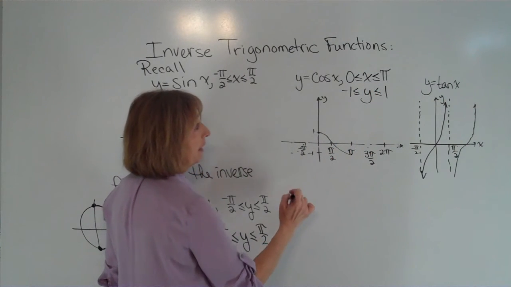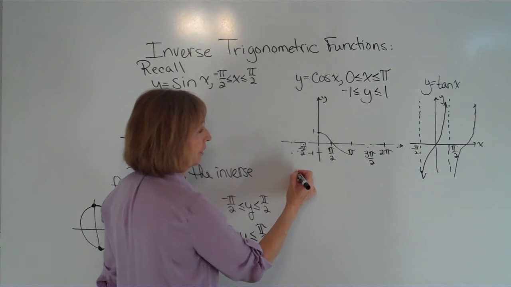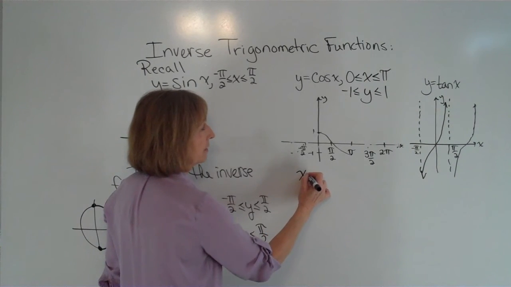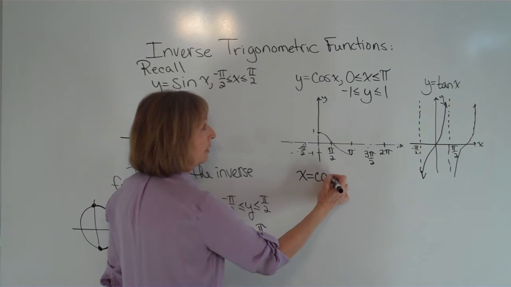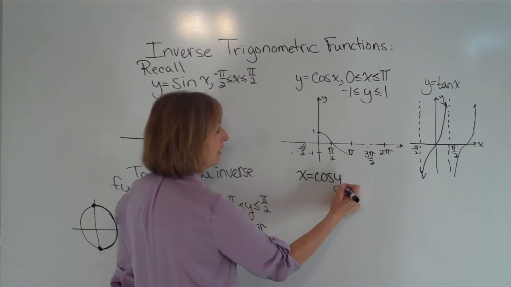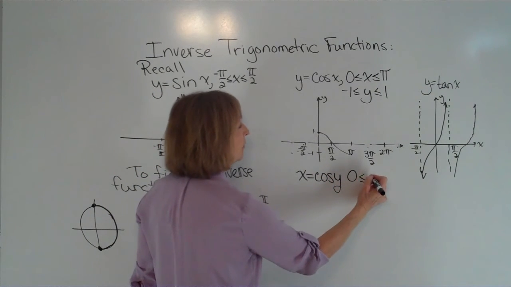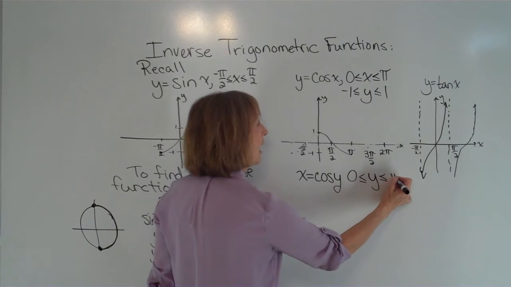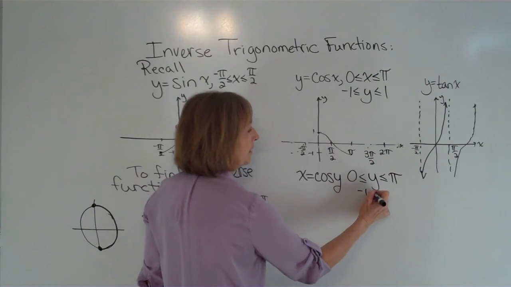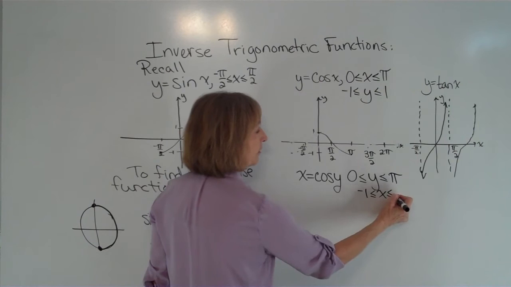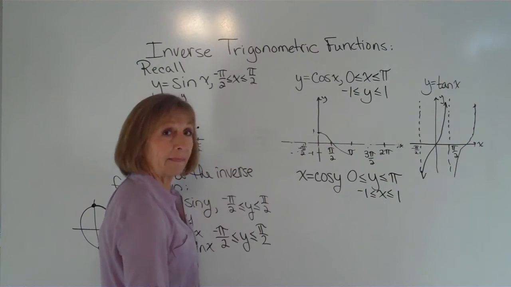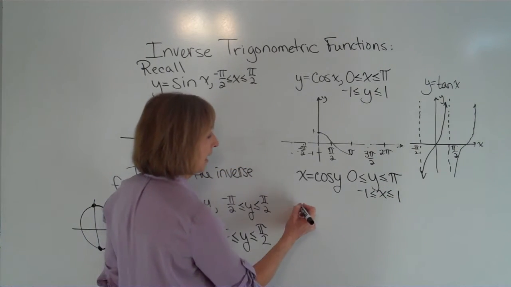So then now for my inverse cosine function, we switch the x's and y's. So x is equal to cosine y, where 0 is less than or equal to y is less than or equal to pi, and -1 is less than or equal to x, which is less than or equal to 1. Then we solve for y.